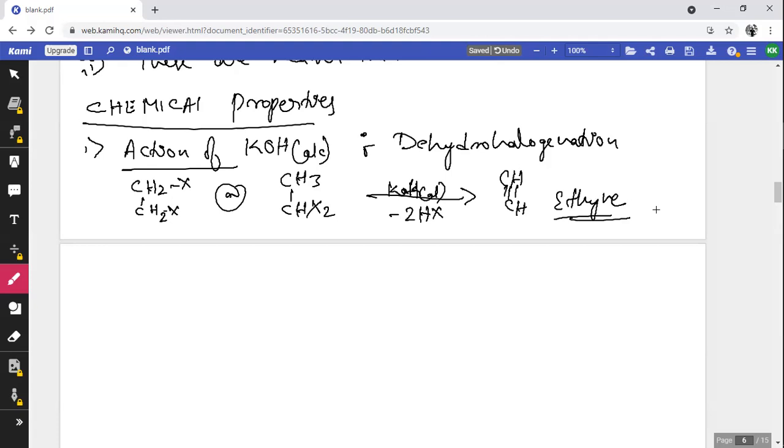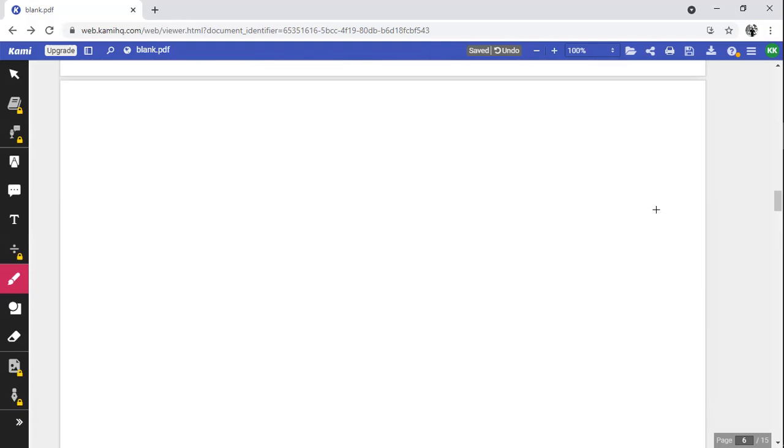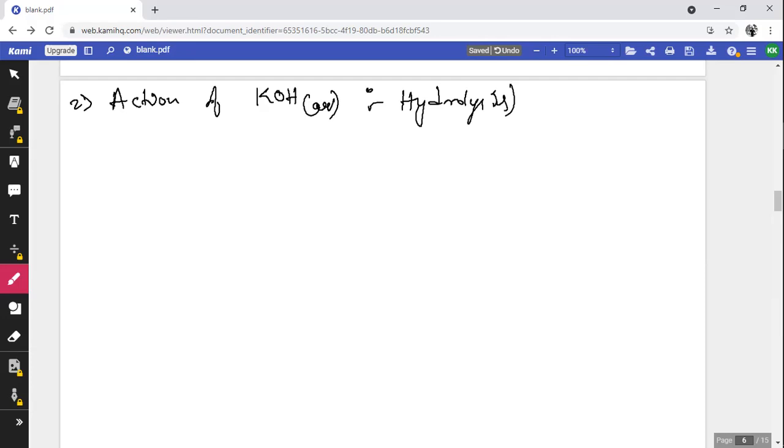Then consider the action of aqueous KOH. Here, hydrolysis takes place. Hydrolysis is a distinction test for gem as well as vicinal dihalides.